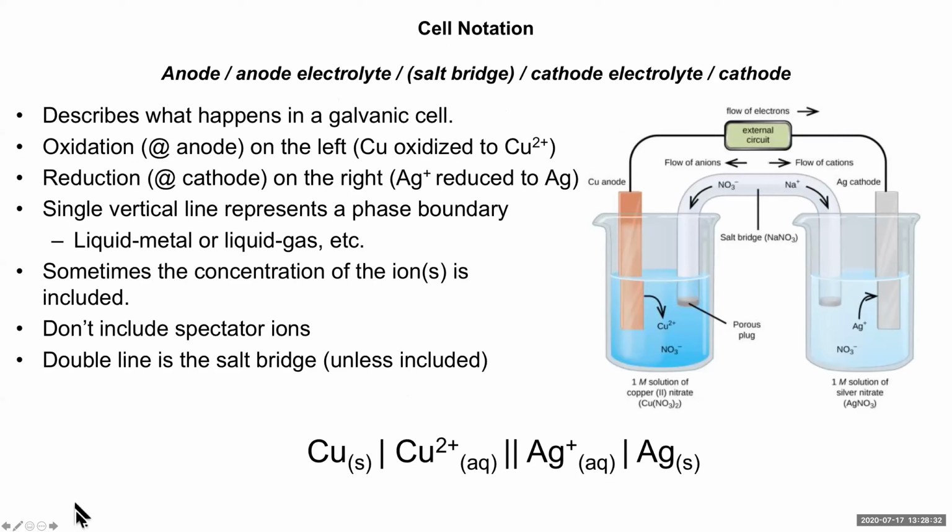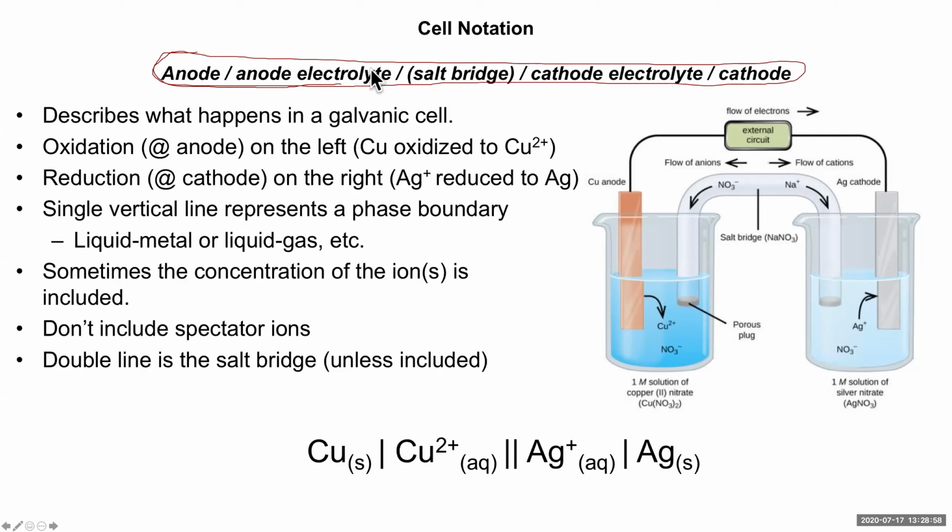So I'm going to start drawing on this slide again. And so here's the cell notation. I'll just outline it right here. This is the cell notation. And you start from the left side and you write the anode, the actual chemical symbol for what the anode is made out of.